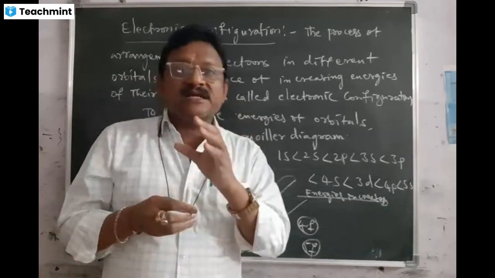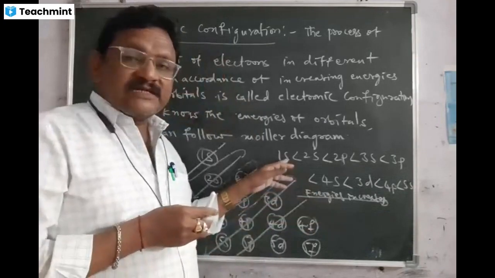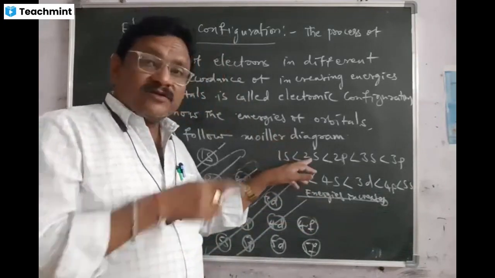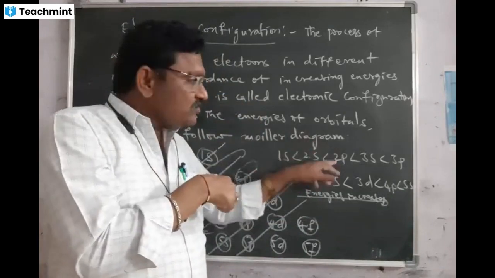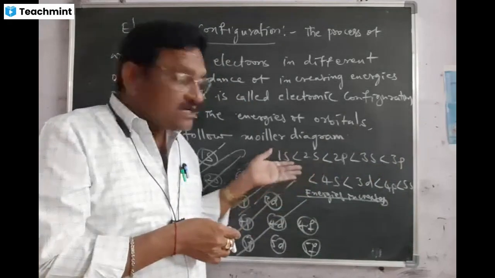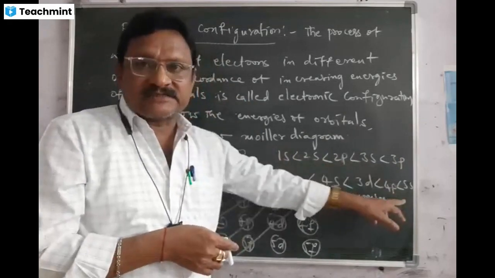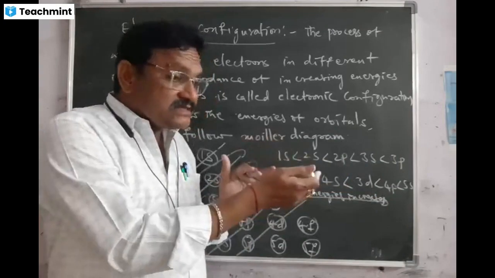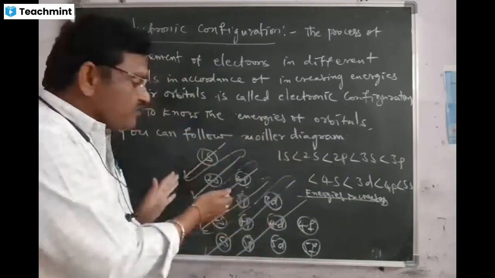Electrons fill first in lower orbitals like 1s, and thereafter in 2s, followed by 2p, followed by 3s, followed by 3p. That means electrons are arranged from lower energy orbitals to higher energy orbitals. So how can you find out which one is lower and which is higher? With the help of the Aufbau diagram.